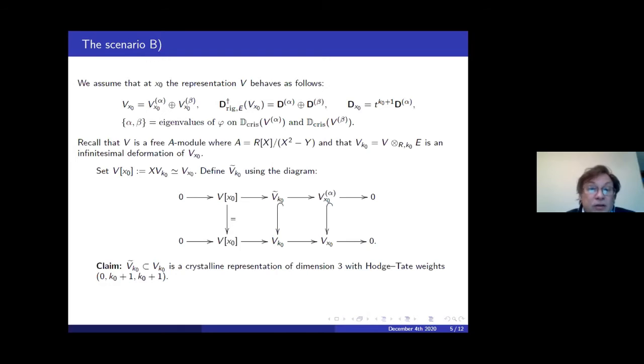And we consider the representation V as a free A-module of rank 2.